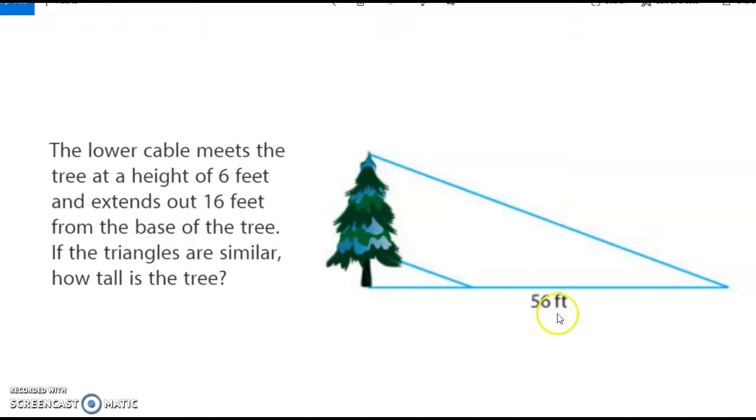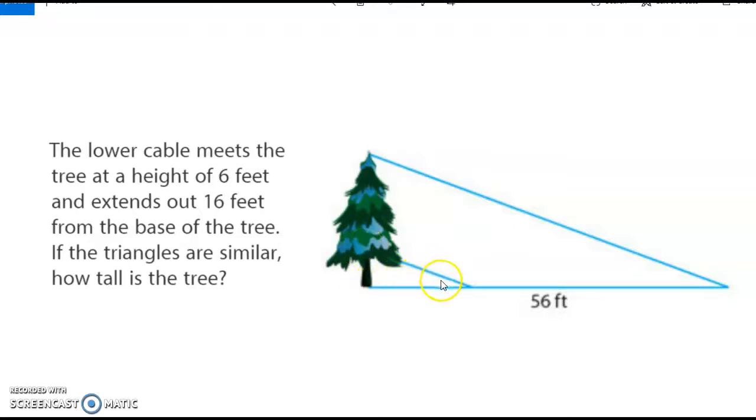So if you notice here at the bottom, this cable that attaches to the top of this tree extends out about 56 feet. What it's telling us is that there's another cable, this cable here, that will attach, and we're not able to really see that here, but it's going to attach to this particular tree in this particular area.